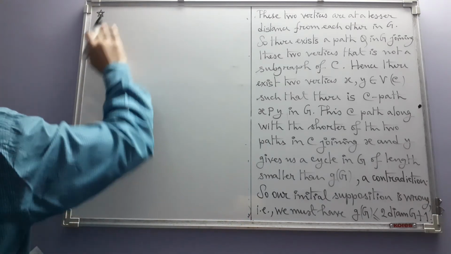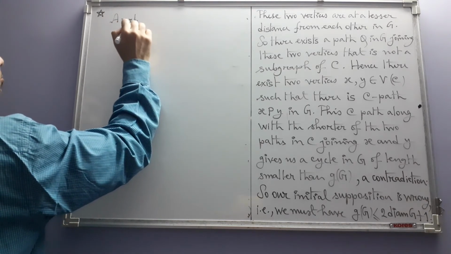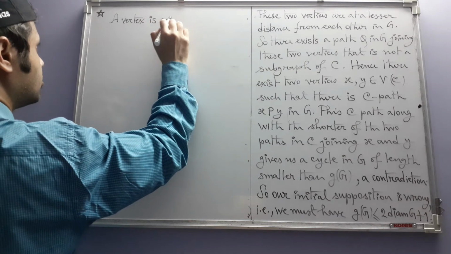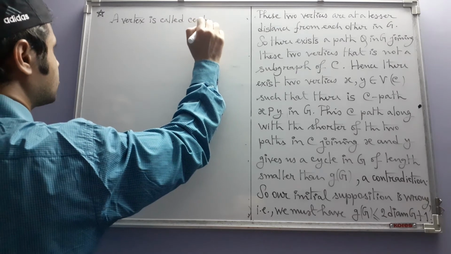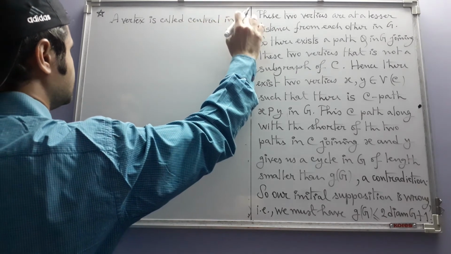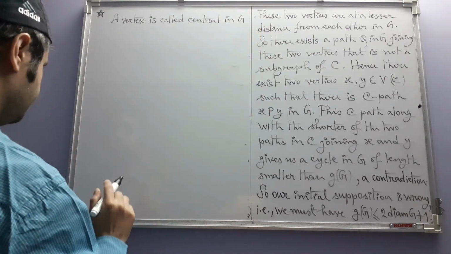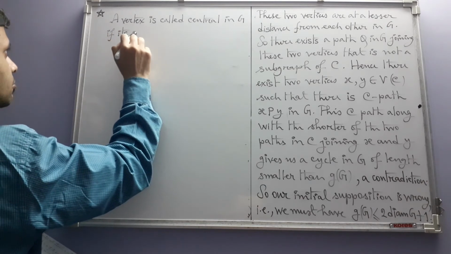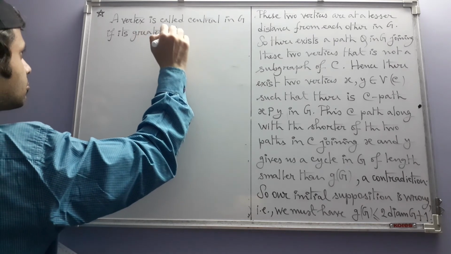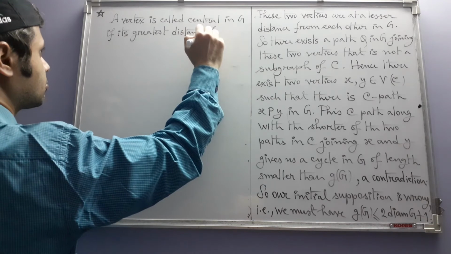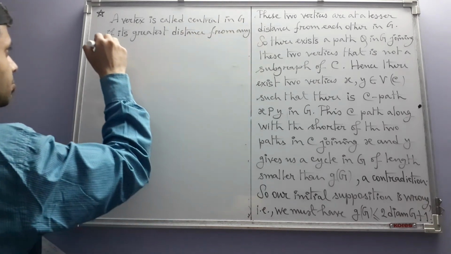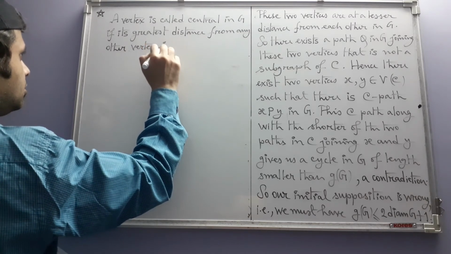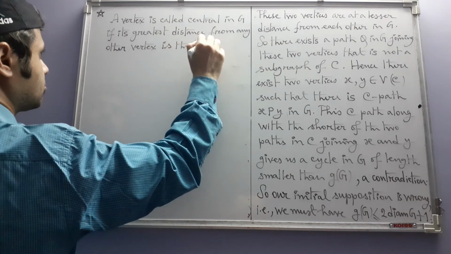Okay, now next, another notion. A vertex is called central in G. That means G is a graph and a vertex in G is called central in G if its greatest distance from any other vertex in G, of course, is the least possible.